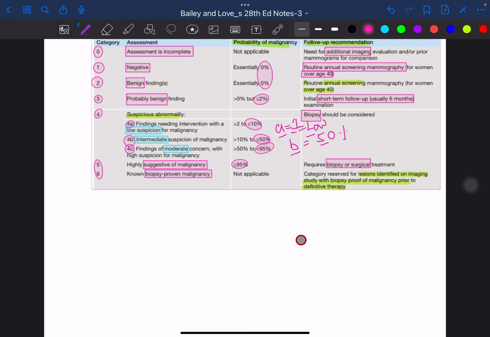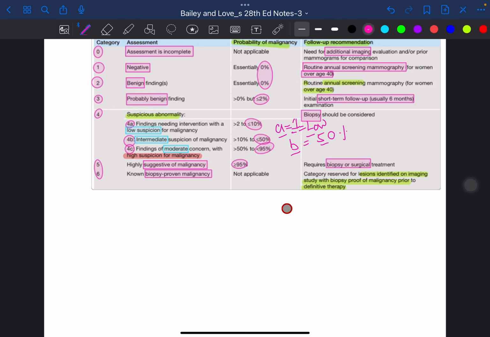Okay. And C is moderate concern. Finding of moderate concern with high suspicion of malignancy. Okay. And the probability of malignancy is less than 95%.